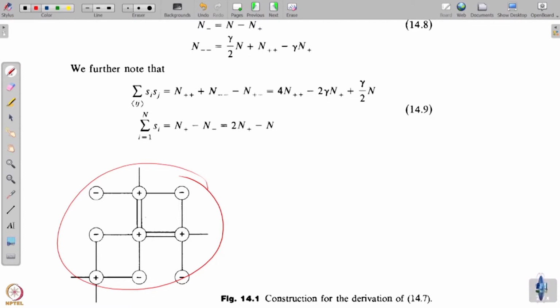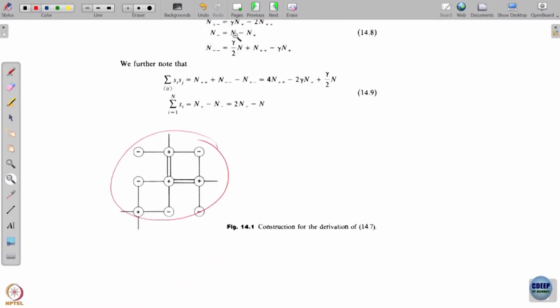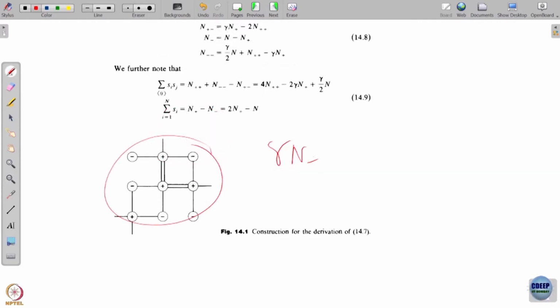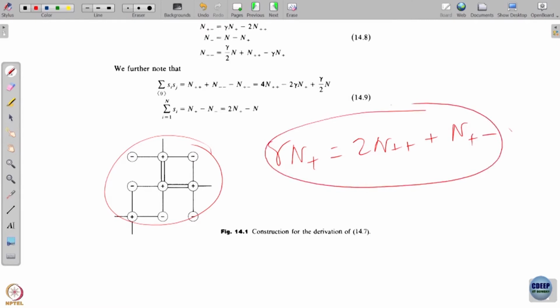So, when I have two up spins next to each other, then there are two lines, and that becomes 2 n plus plus and those kind of things. For example, this is the condition that we derived, that gamma n plus equals 2 n plus plus plus n plus minus, and these are the kind of relations that we just did at length.